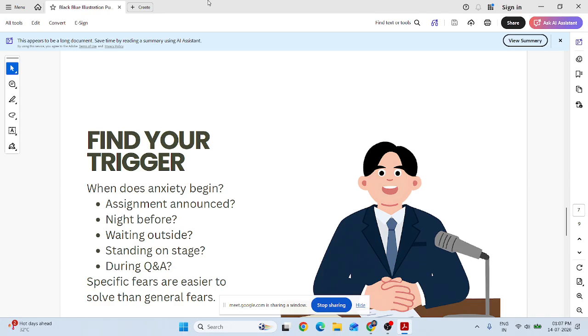When a teacher gives you the assignment, when a person asks you to present, and understand how it affects your thoughts, body, voice, and behavior. Make a note of these triggers. That's what we need to do practically.